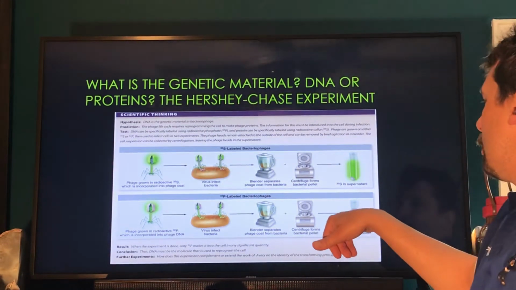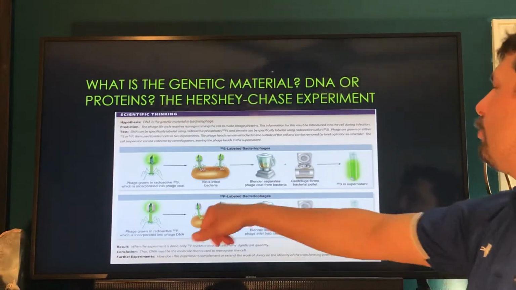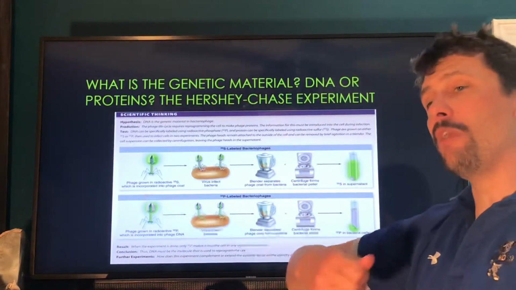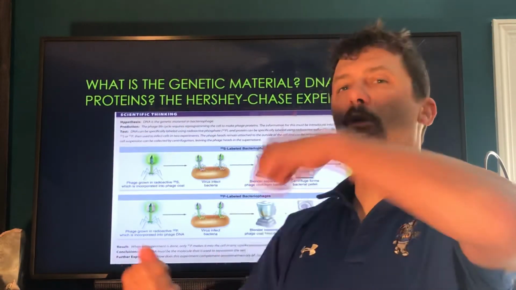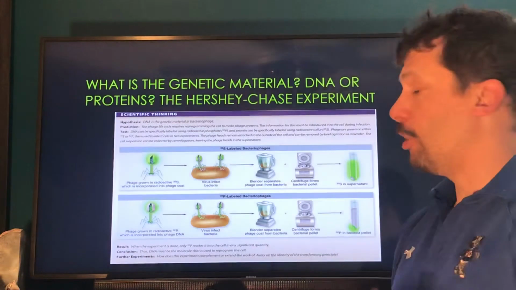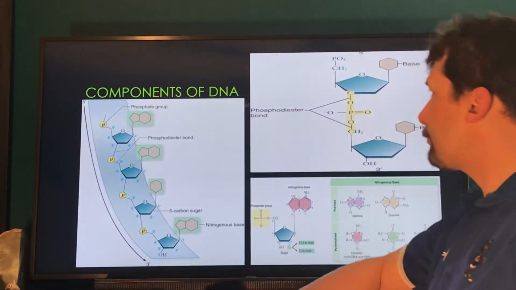Down here we have the 32 phosphorus pellet, and that is what got transferred into the bacteria. So using the radioactivity, we can see what moved into a cell and what didn't, and that led us to understand that DNA is the transforming agent. It's the thing that gets passed from generation to generation.